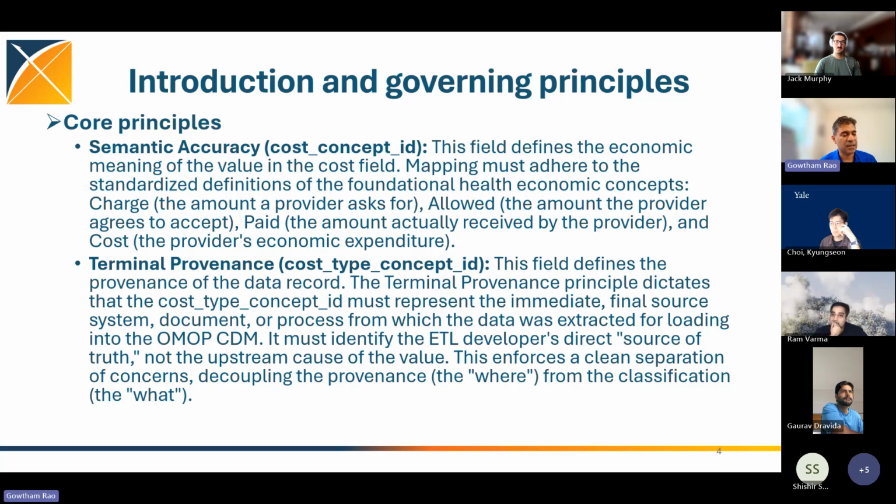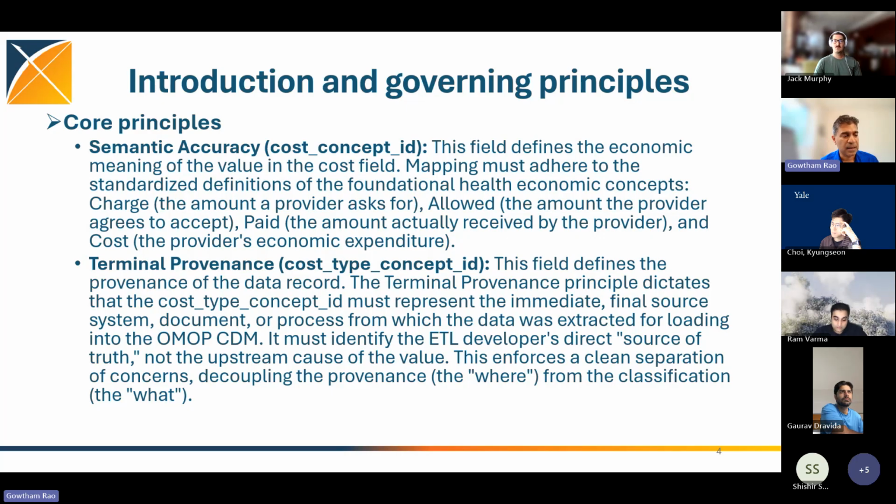It's not the final system may have been generated with 15 other steps before that may be a black box to whoever gets the data, but that's beyond the scope. It is the final system.